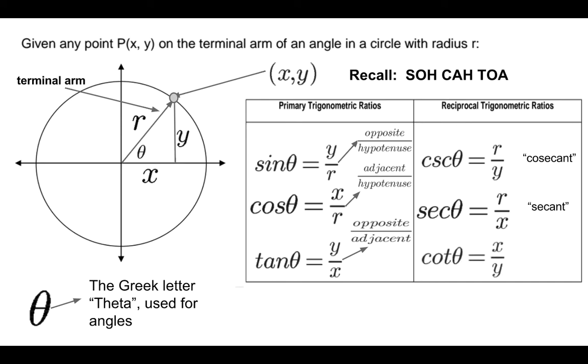And when you divide x by y, we call that cotangent. Reciprocal trig ratios prove important later on in functions in calculus, because you can imagine that something like 1 over sine, it actually is nicer to write as cosecant. And they also have their own properties that allow us to work higher level math with.